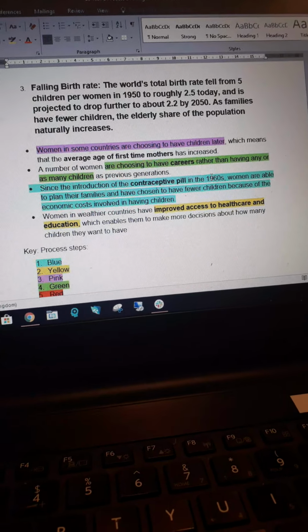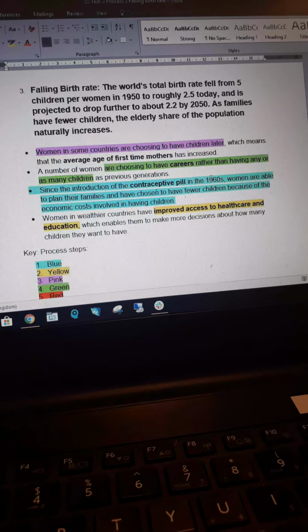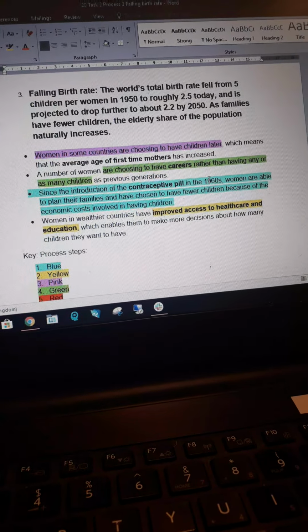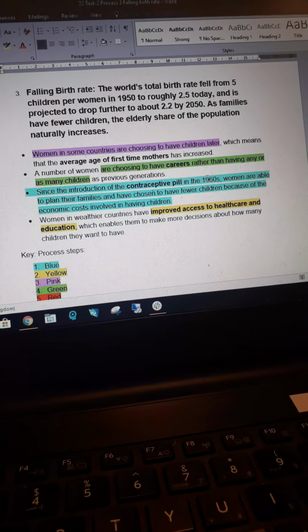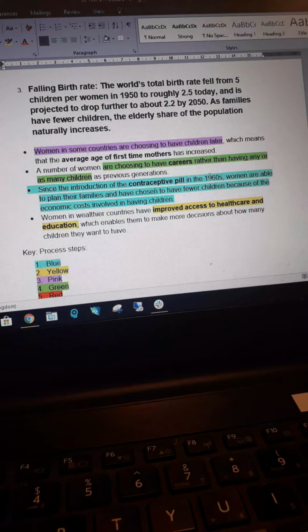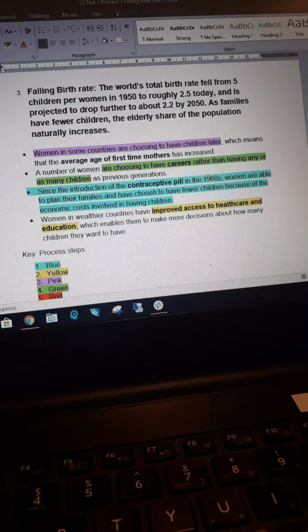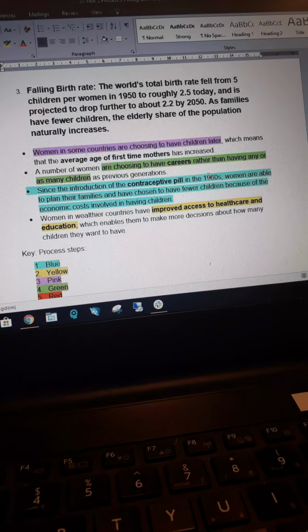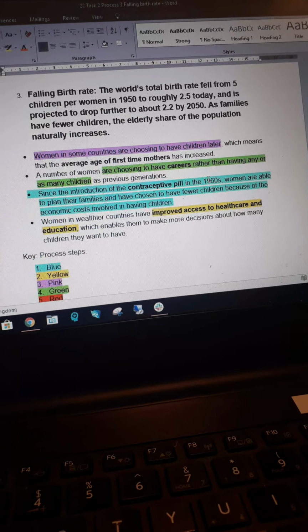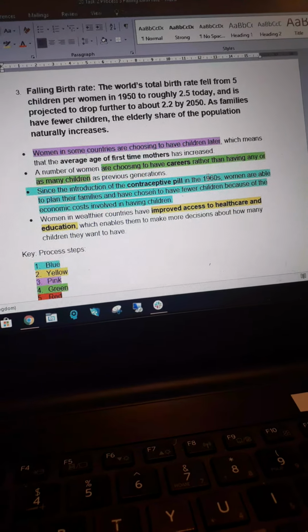So what is a falling birth rate? Well, basically the falling birth rate means women are having less babies. So back in the 1950s, on average, each woman had 5 children. Today, people are having around 2.5. Now, you can't have half a baby, but it's an average, all right?